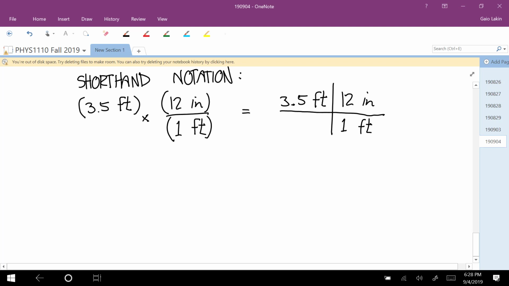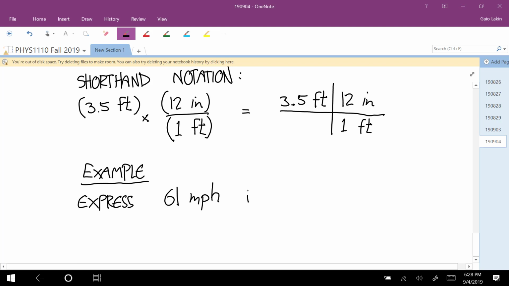Okay. So next, let's say that we want to express the quantity 61 miles per hour in meters per second.